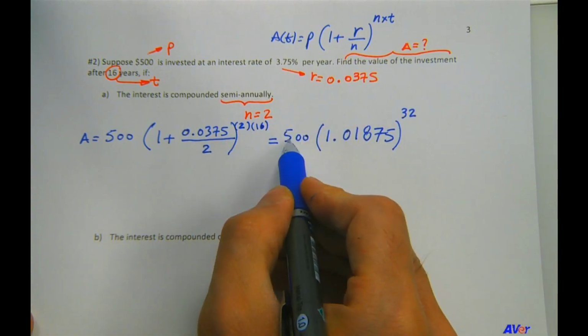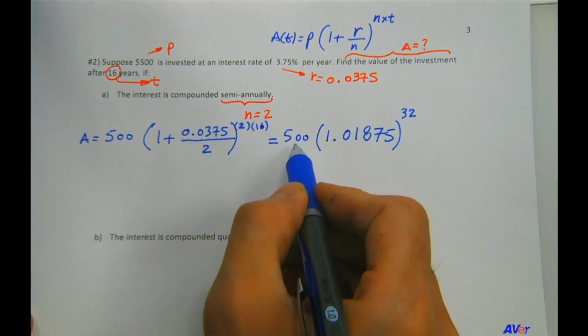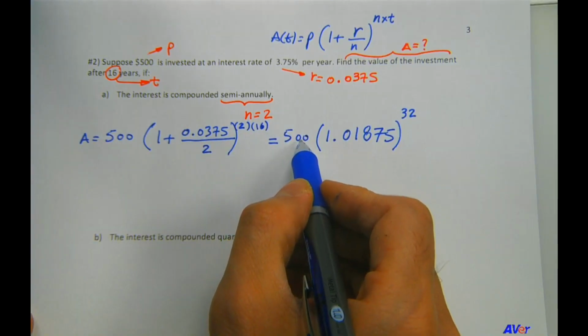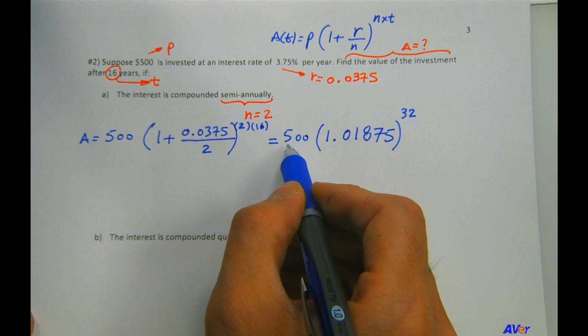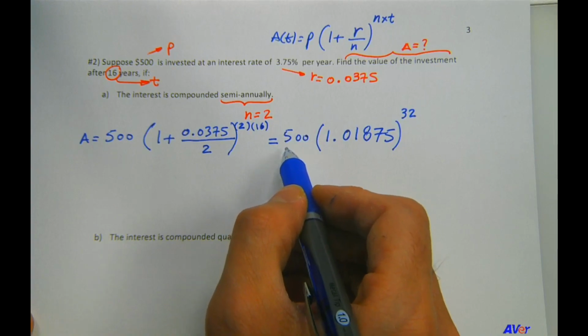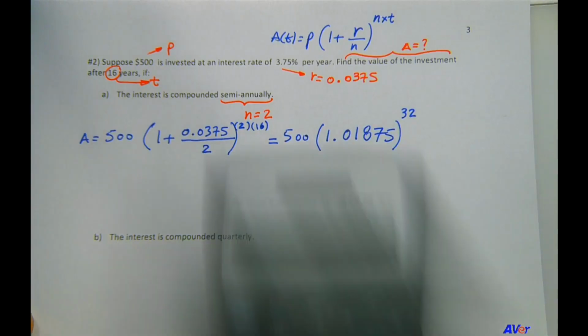So the 500, even though it comes first in the formula, is the last thing I incorporate in my calculator. Multiplying by 500 is the last thing I do because I have to observe the order of operations here.